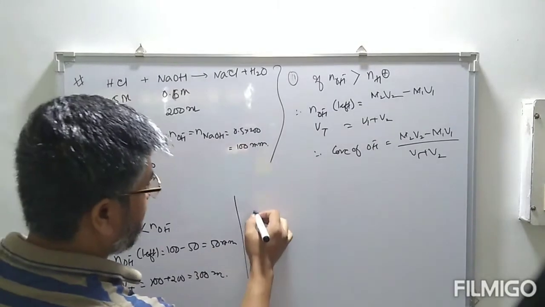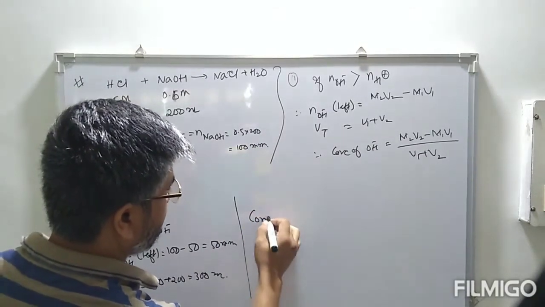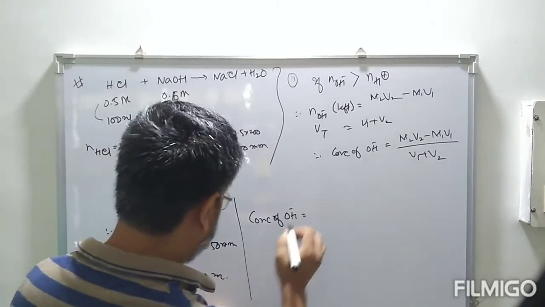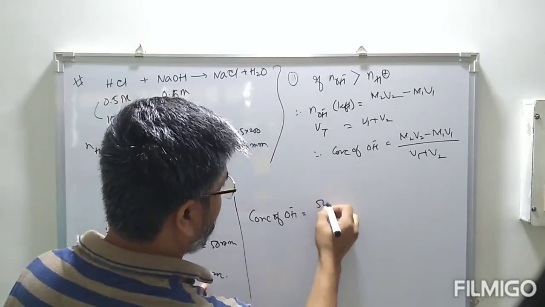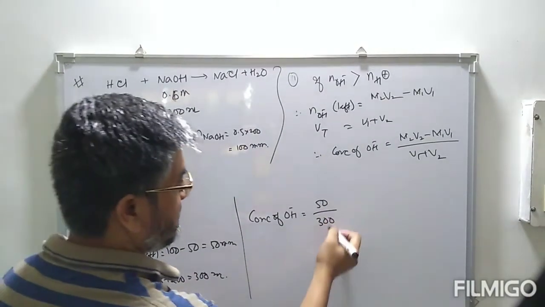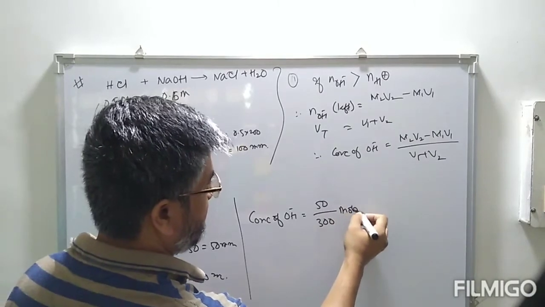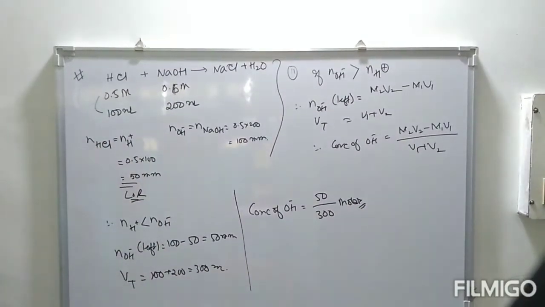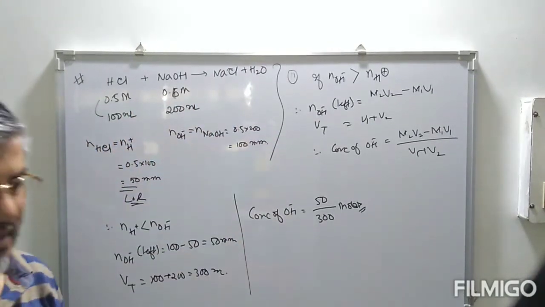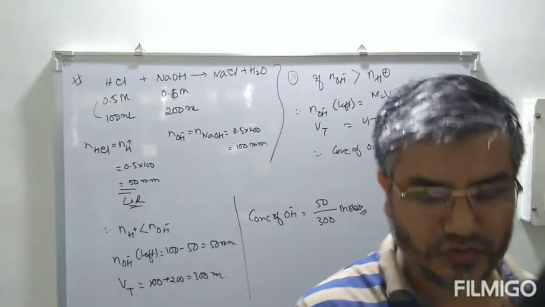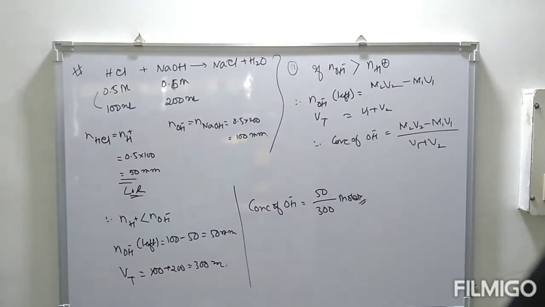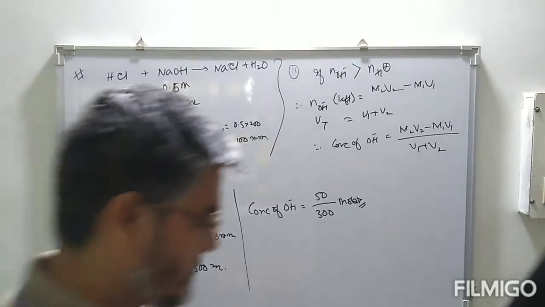So therefore, the concentration of OH minus, or base left, is total moles divided by total volume. This is how we define the concentration of acid or base after mixing of the two. Then there is one more concept that is known as the law of dilution.